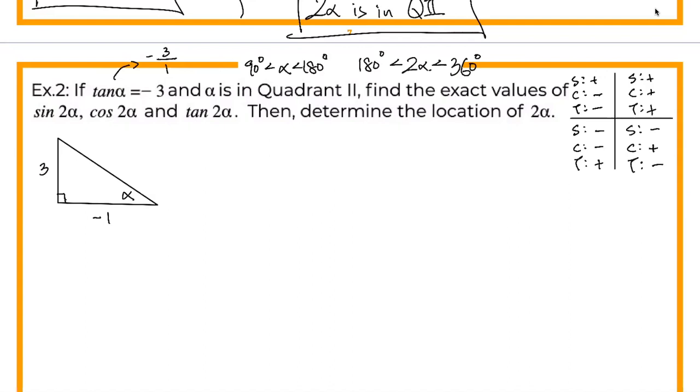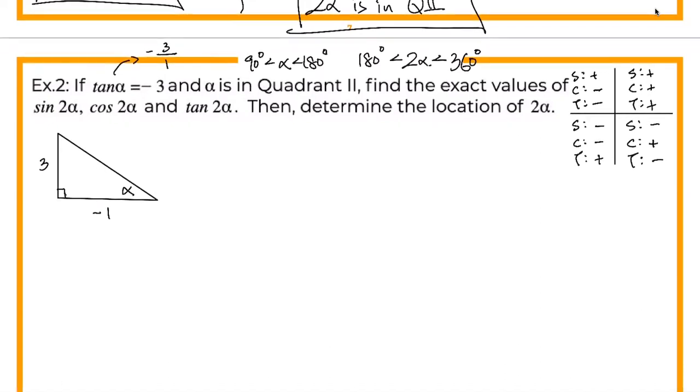All right, use your Pythagorean theorem to find that hypotenuse, and then we'll check our numbers and then move on. Okay, so find the length of that hypotenuse. We should get that this hypotenuse is the square root of 10, okay?